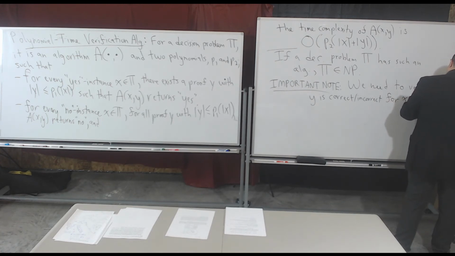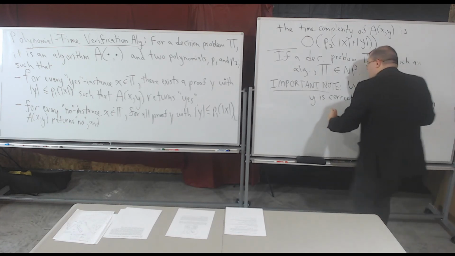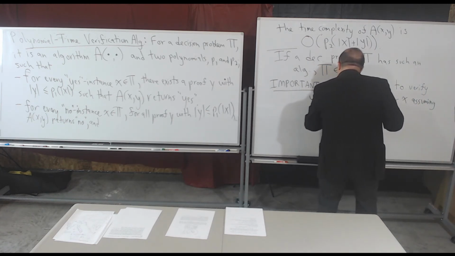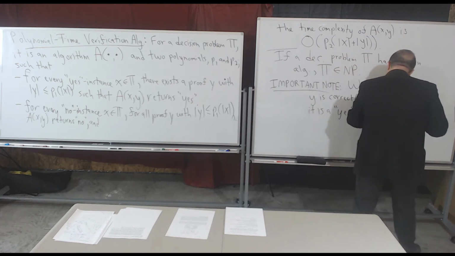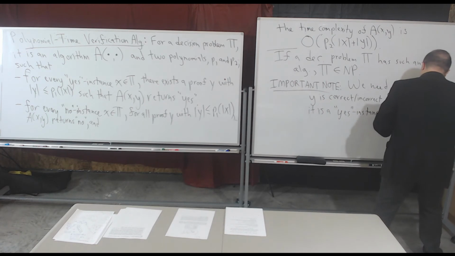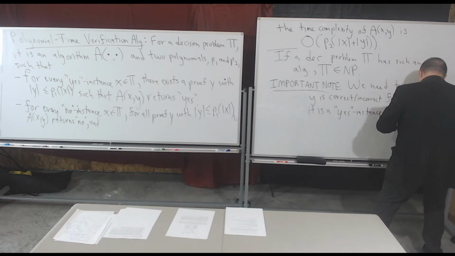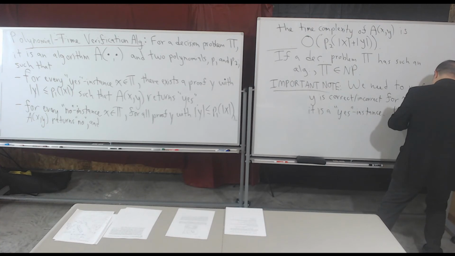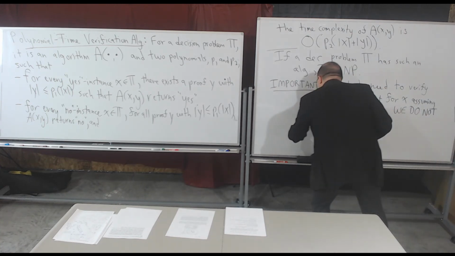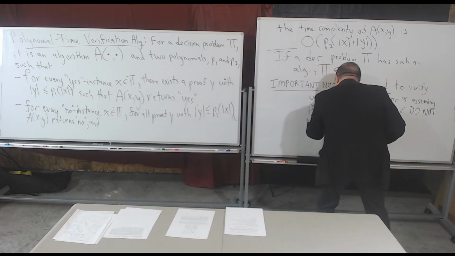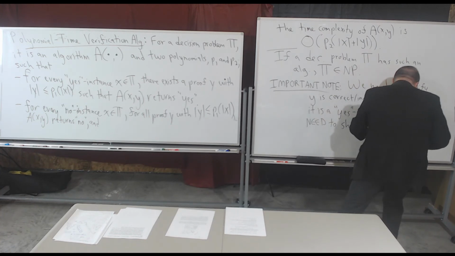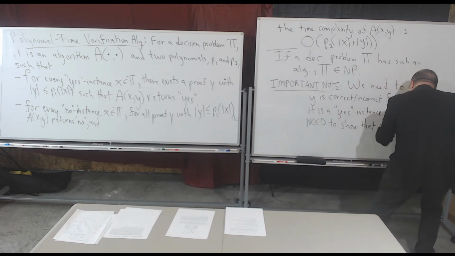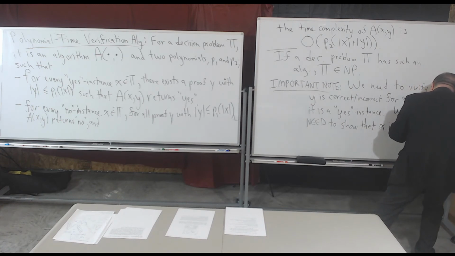Assuming it is a yes instance. Now, this is the big bullet: we do not need to show that x is a no instance.